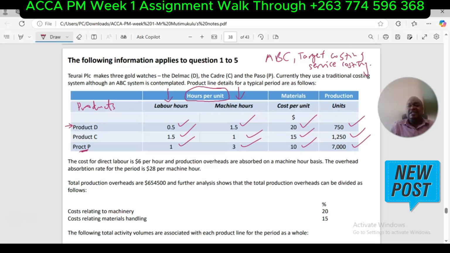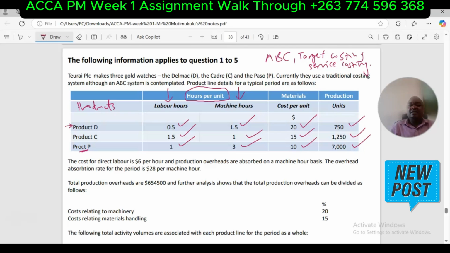Like I said, the machine and labor information in the table was in time, in hours. So we then have to ask ourselves, how much in dollars were those things costing?